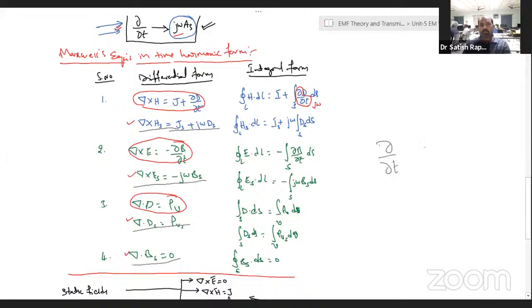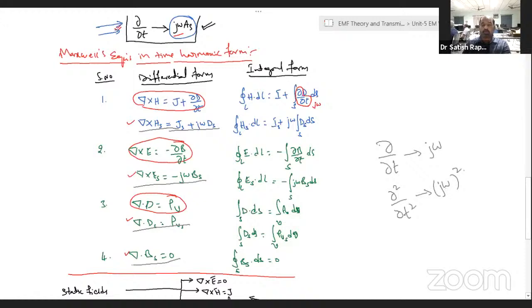The only thing is, for time harmonic form, the term dou by dou t is replaced with j omega. Similarly, dou square by dou t square is replaced with what? J omega square.